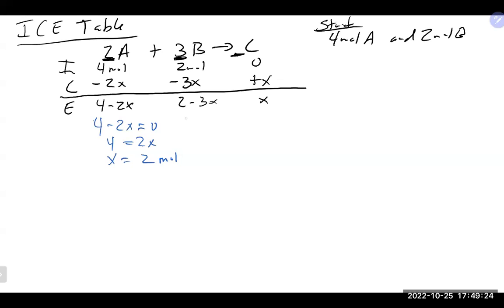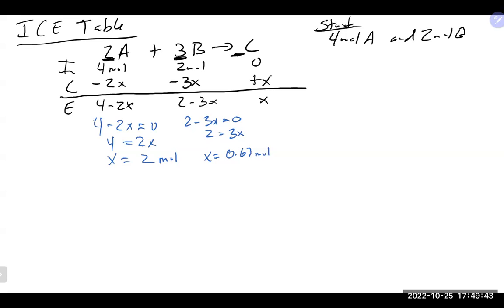Here we're going to take 2 minus 3X is equal to 0. Bless you. We're going to bring the 3X to the other side and divide by 3, and this will give us 2 divided by 3. We'll call it 0.67 moles.